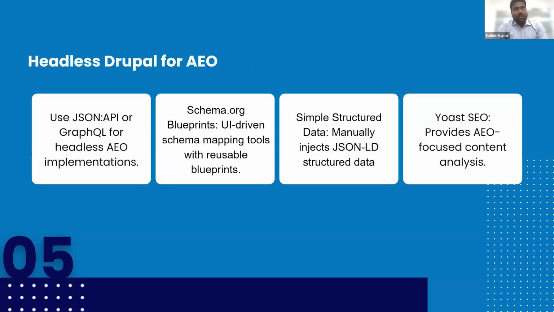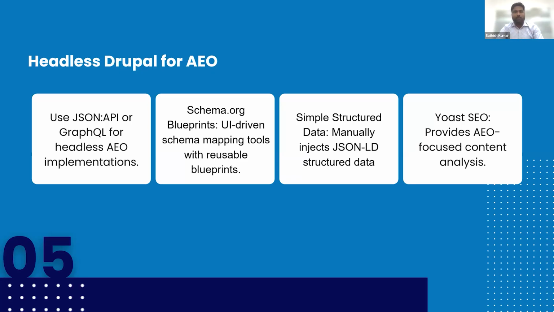For headless Drupal sites, one of the models that we see is JSON. So all your meta titles and structured data can be shared through JSON automatically for headless Drupal sites. Schema.org Blueprints is again a tool that shows you how you can reuse the modules in a much easier way.